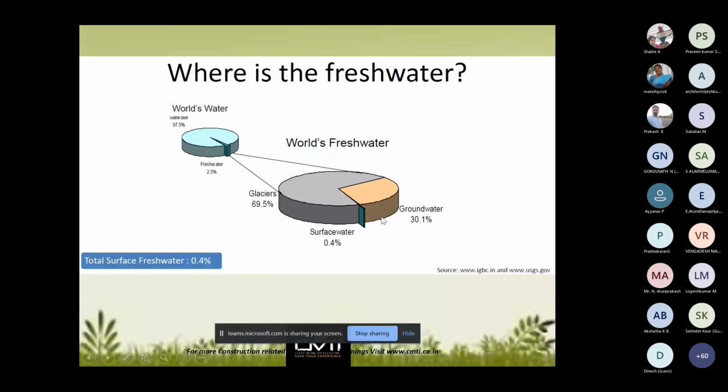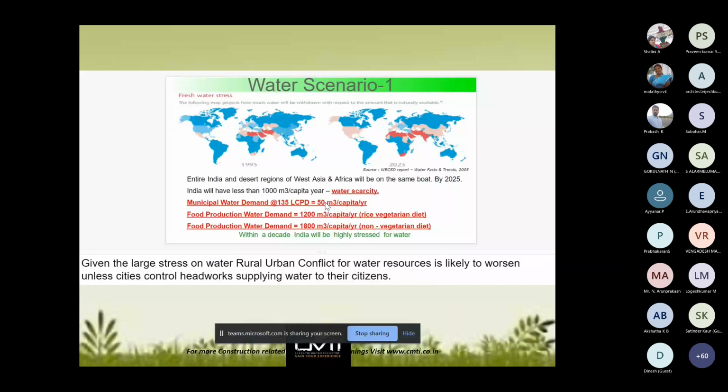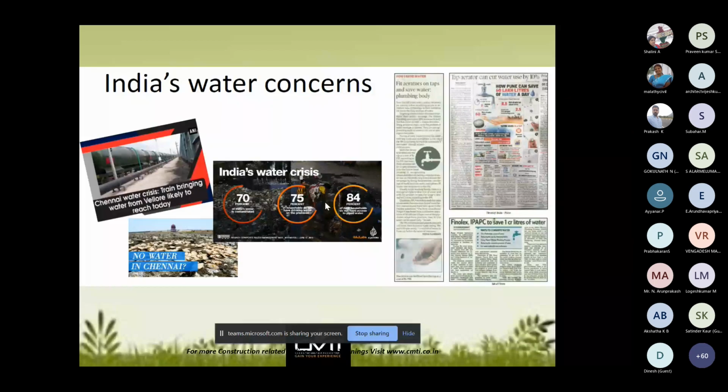So by using proper water conservation methods, we can utilize this resource. Next to energy, water conservation is given the maximum weightage. You can see the news clippings on how the water crisis is there. Even trains are used to shift water. Then, water consumption in a typical home, how much they are consuming.